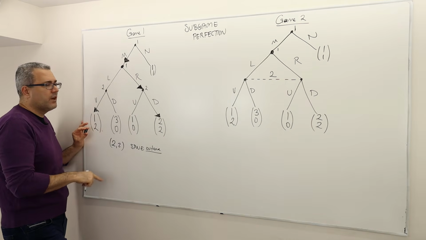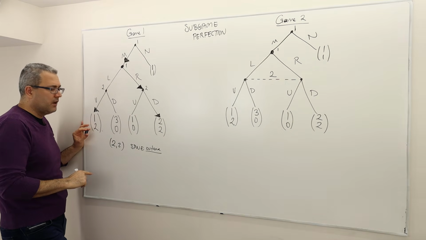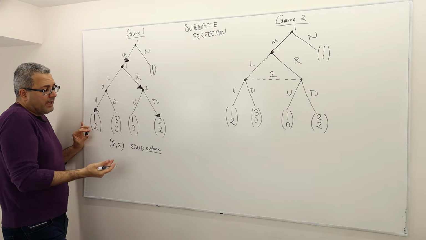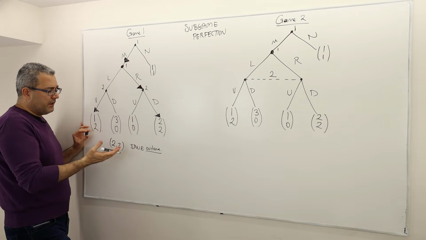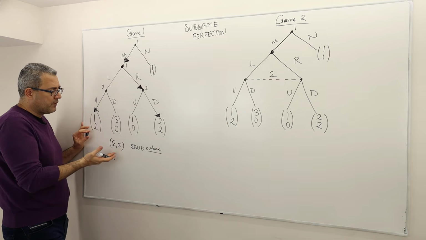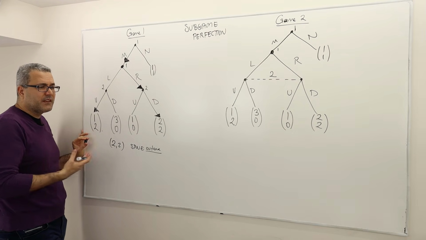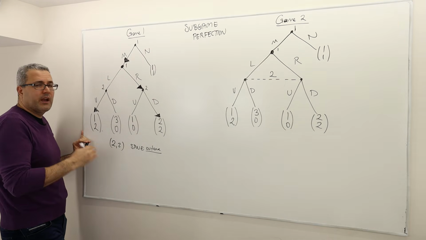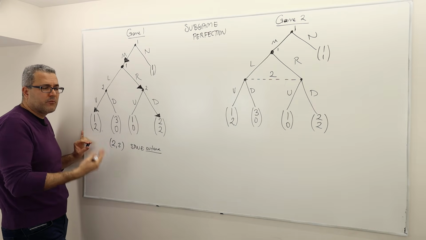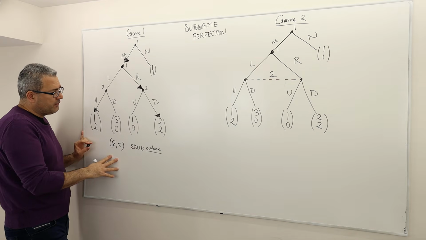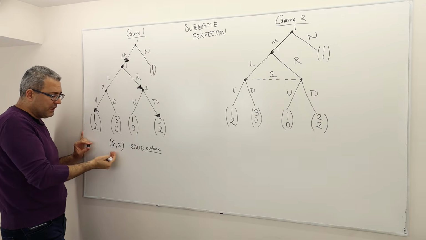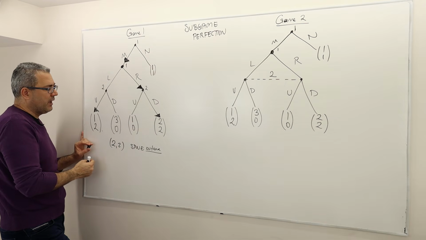I am now going to write the strategy profile, which we will need, trust me. In this game, if players play it, they should end up with payoffs of 2 and 2. This is our solution, our prediction for this game when we apply the concept of backward induction. The question is, what is the subgame perfect Nash equilibrium strategy which leads to this outcome?